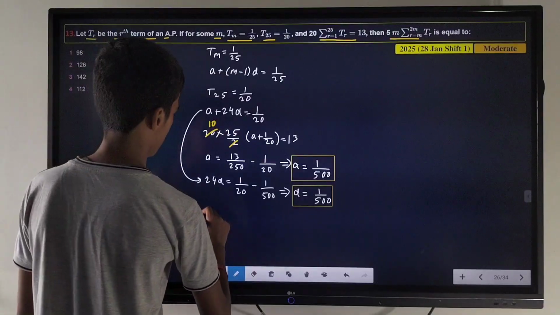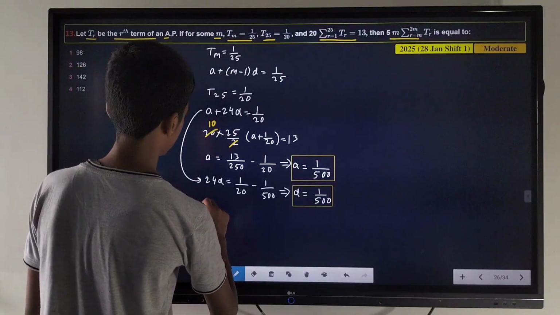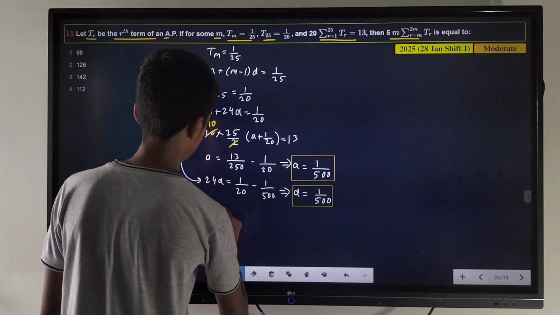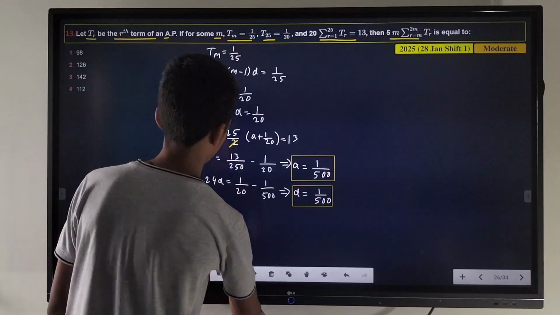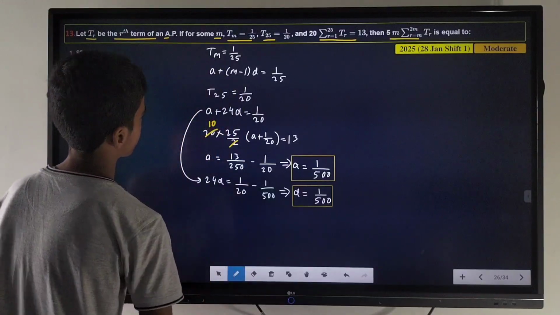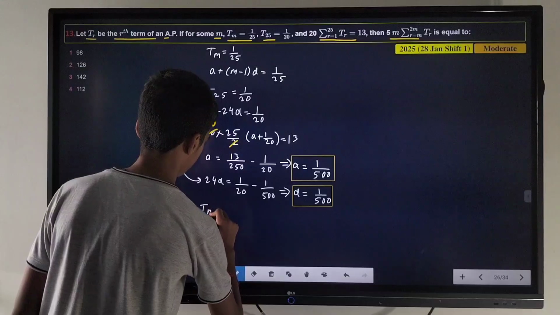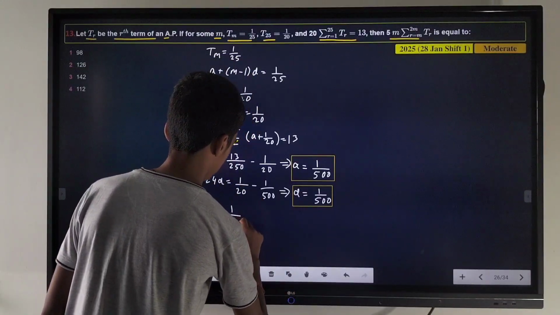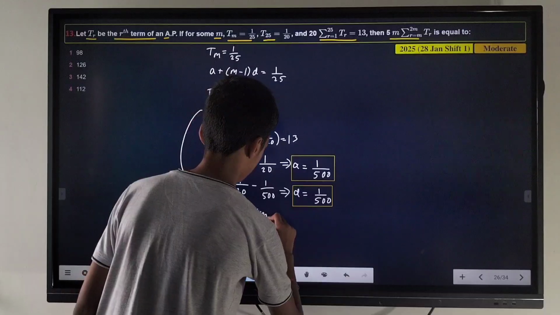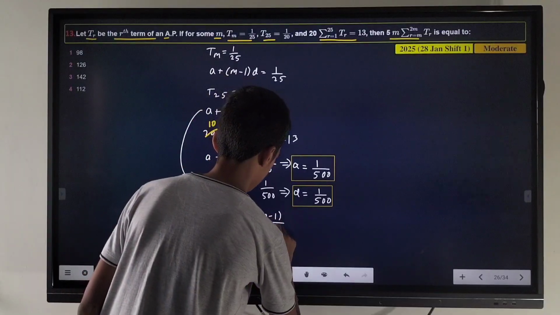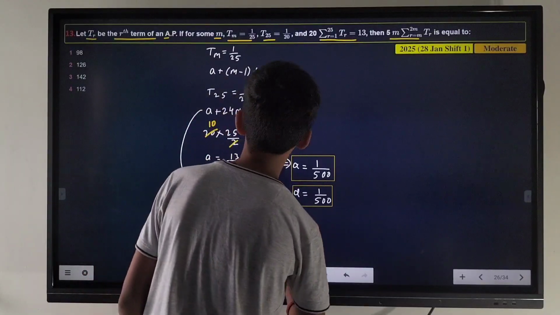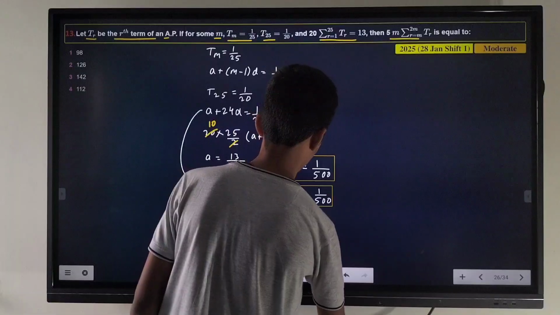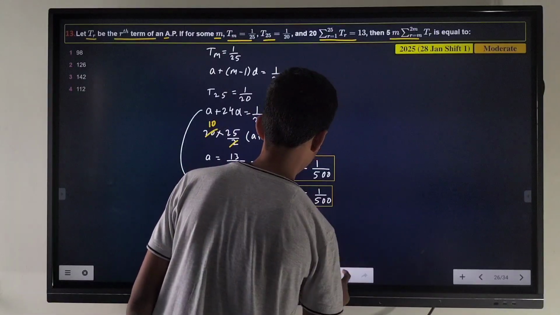Our TM is equal to A plus M minus 1 into B, which is equal to 1 upon 25.